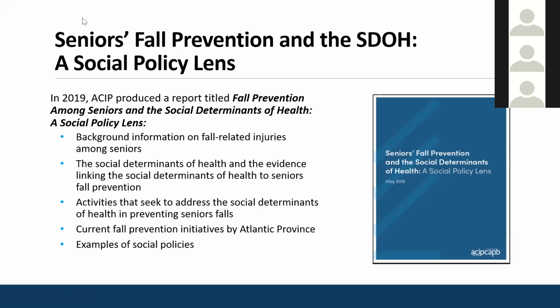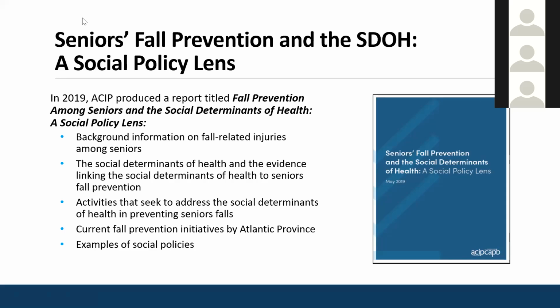This report provides a background on fall-related injuries among older adults, again, highlights those links that we've outlined in those previous slides, specifically around fall prevention among older adults. It discusses activities that seek to address the social determinants of health in preventing falls, and then highlights current fall prevention initiatives by Atlantic Province and examples of social policies that could enhance or complement fall prevention efforts.